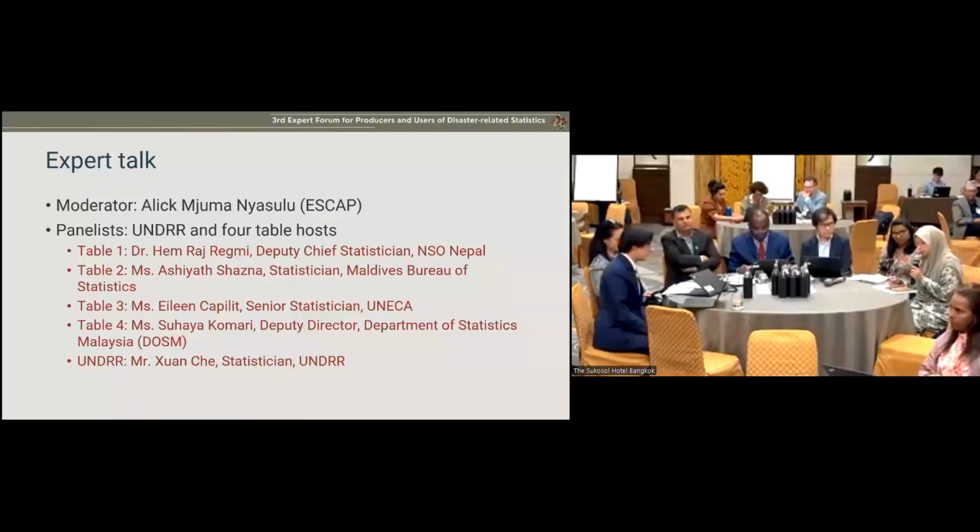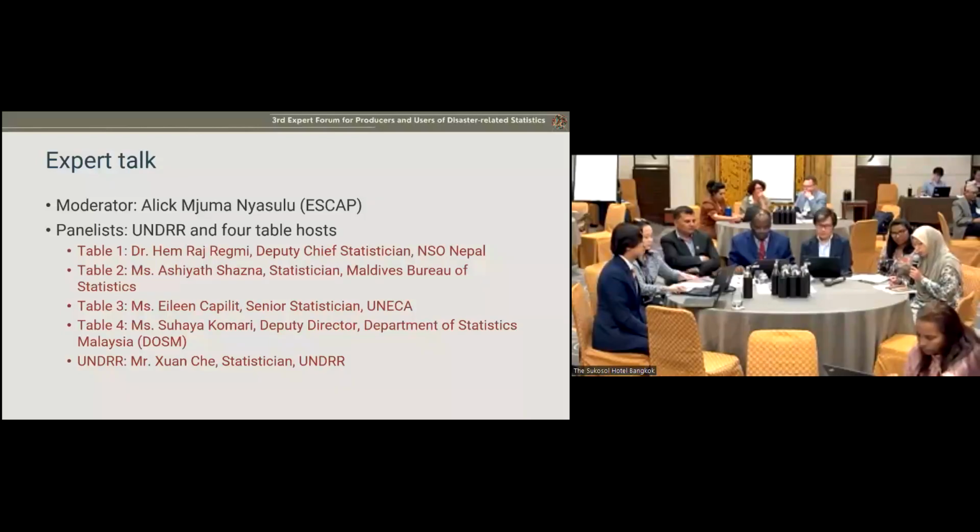I think in some countries, there will need to be a specific mandate from the Prime Minister's office, for example, giving the NSO the responsibility for participating in the committee or bringing the data together from the different agencies for loss evaluation. For this to happen, there needs to be a clear articulation of what the NSO can add to the process, for example, expertise on evaluation or quality assurance.